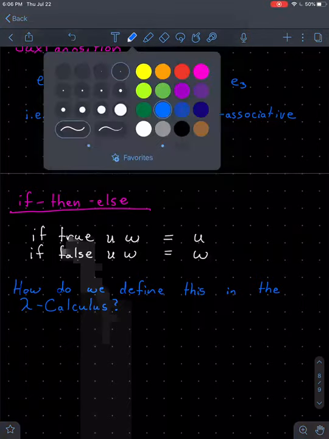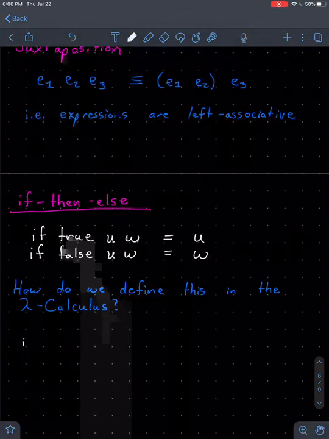Where can we start per usual? So I'm going to write if, of course, equals question mark. What can we for sure fill that question mark in right now with?